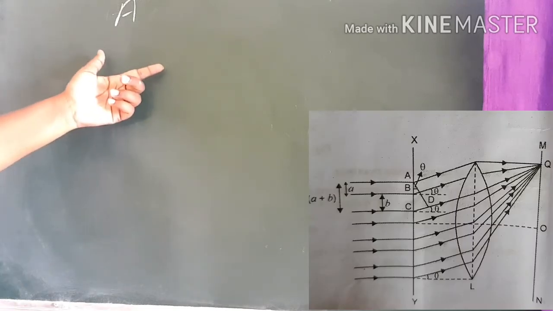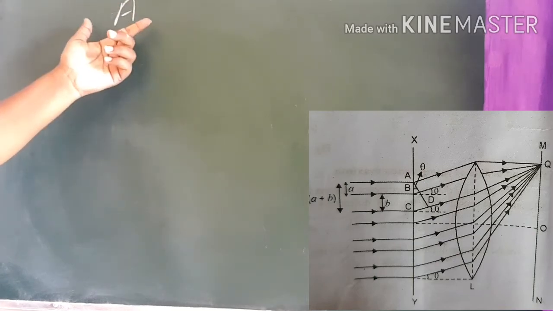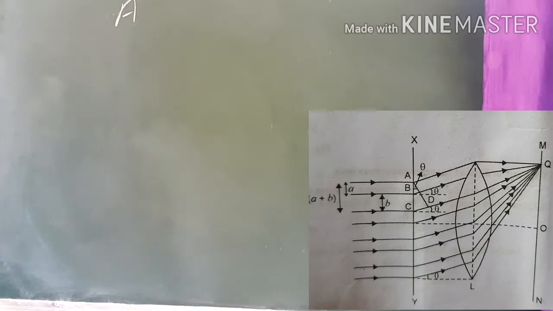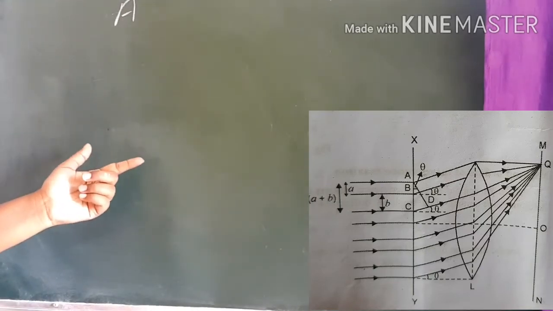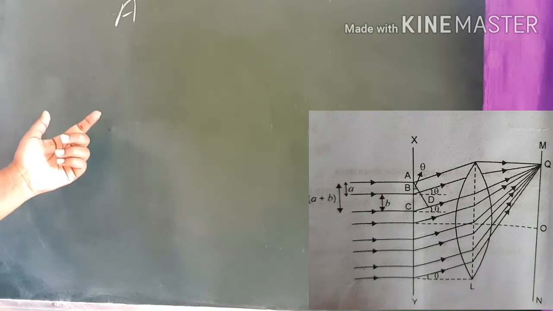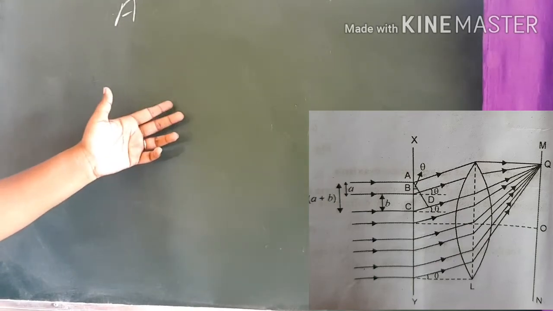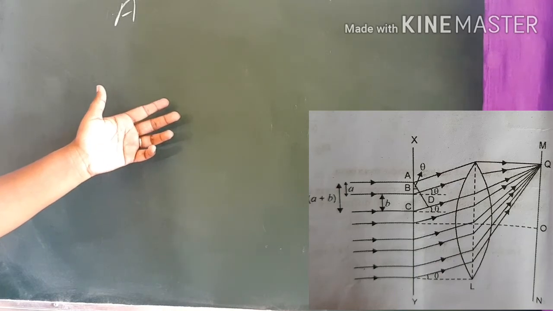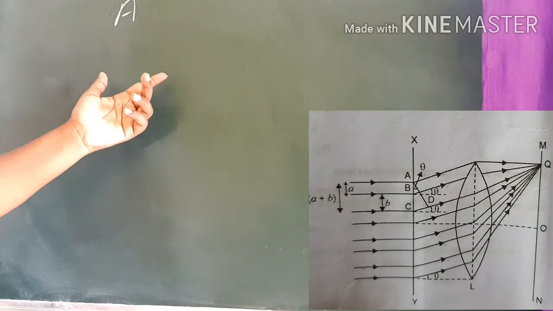This is the same case as in single slit. We consider the slit AB divided into n small elements, and we write the wave vector for all the rays coming from all the elements. Then we find the resultant from all these waves.